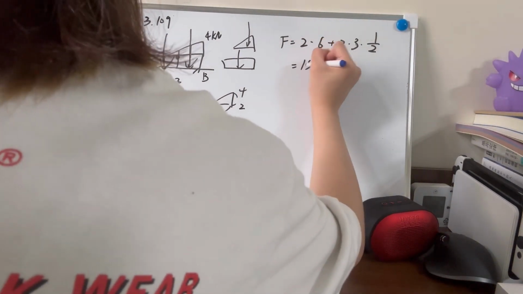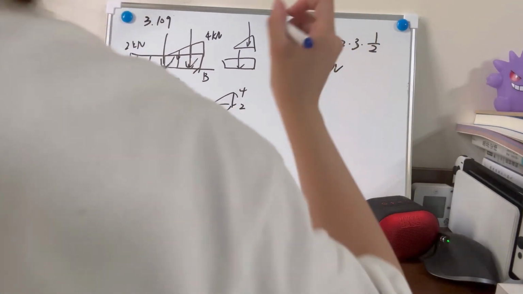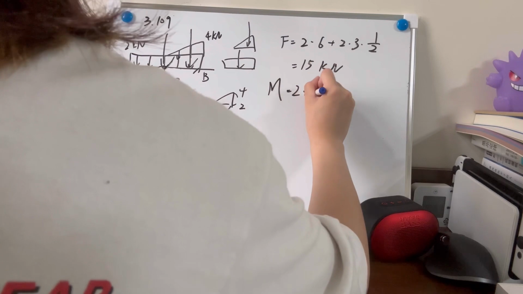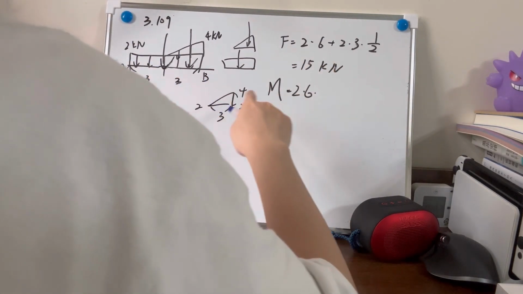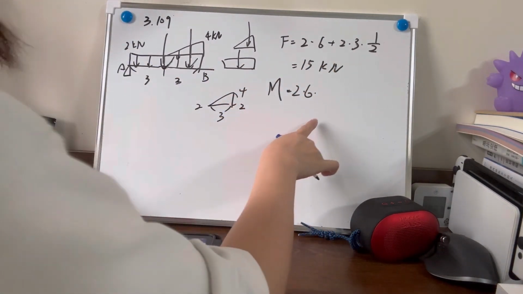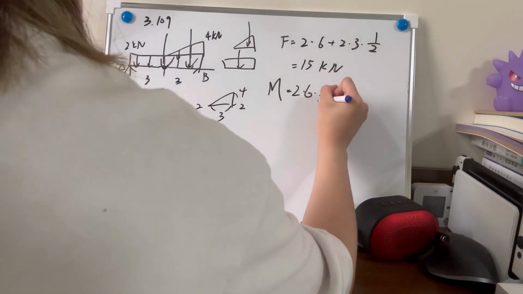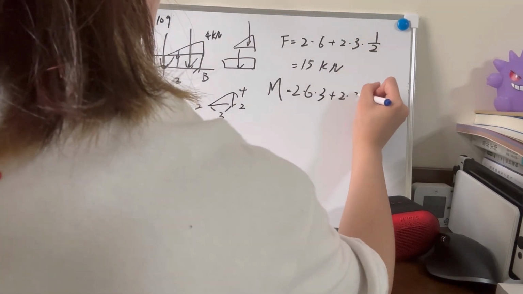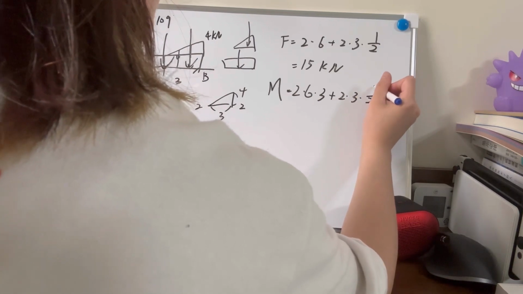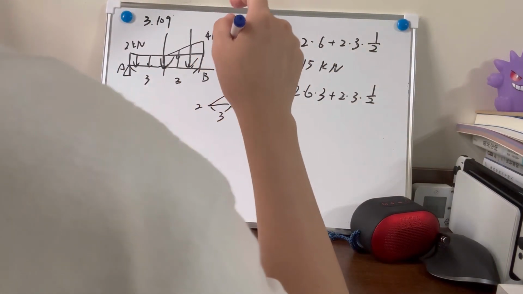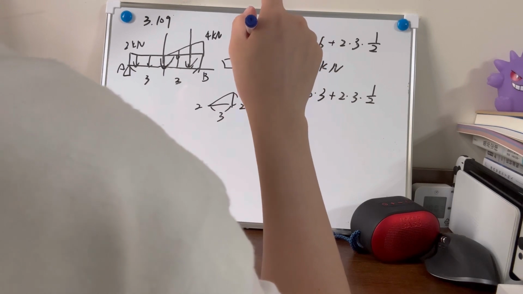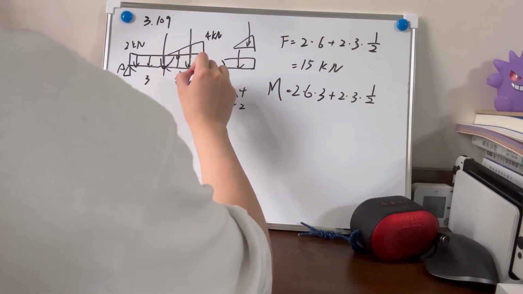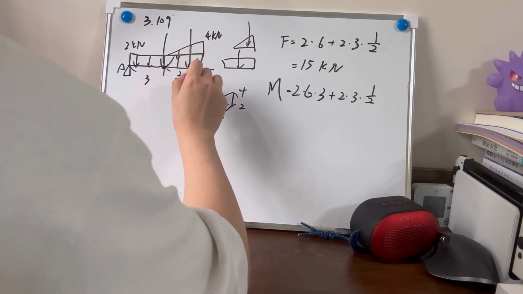So it's 50 kN. The moment here is 2 times the rectangle. The centroid is in the middle, so it's 3. And the triangle here, the centroid is at 1/3. So it could be like here, and we can divide it into 2 and 1.